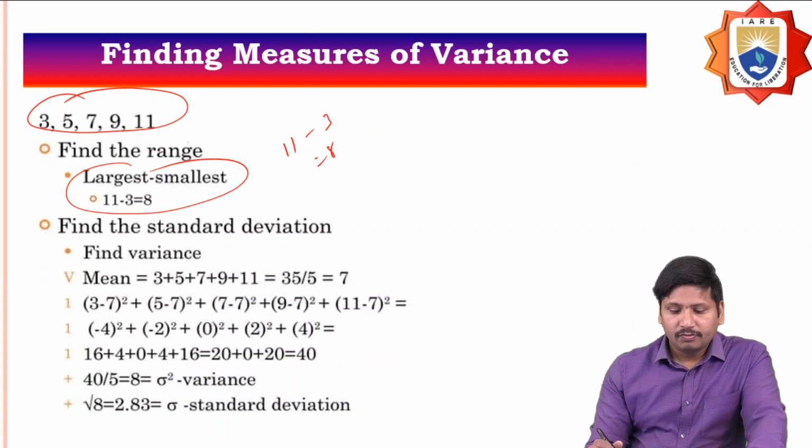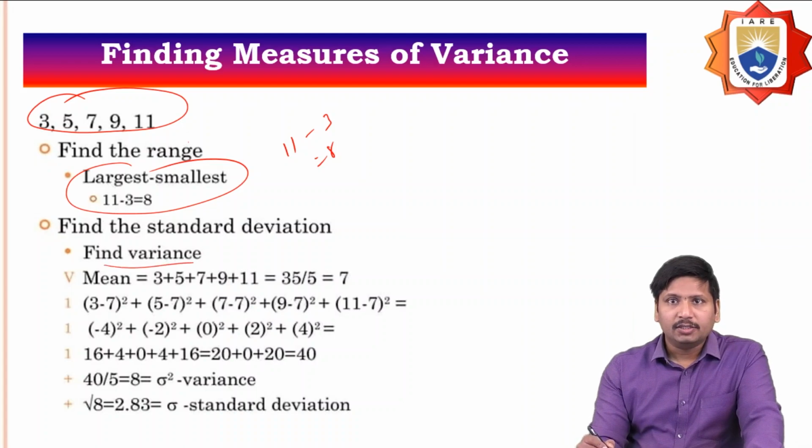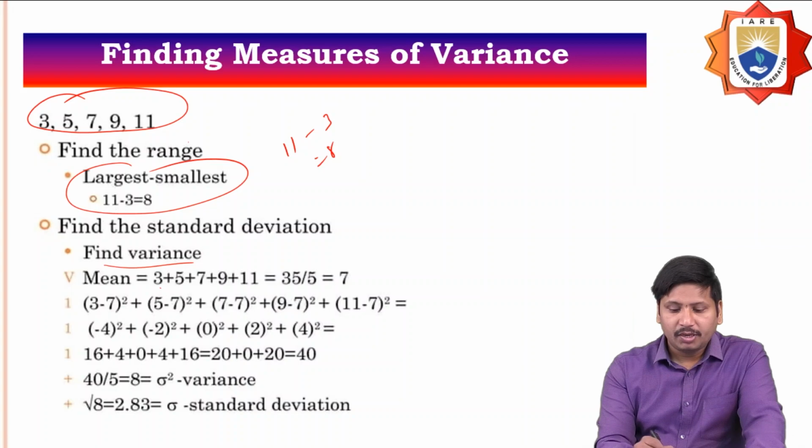Then for the standard deviation, first I have to calculate the variance. For that, I calculate the mean: 3 plus 5 plus 7 plus 9 plus 11, divided by 5, which should be 7.